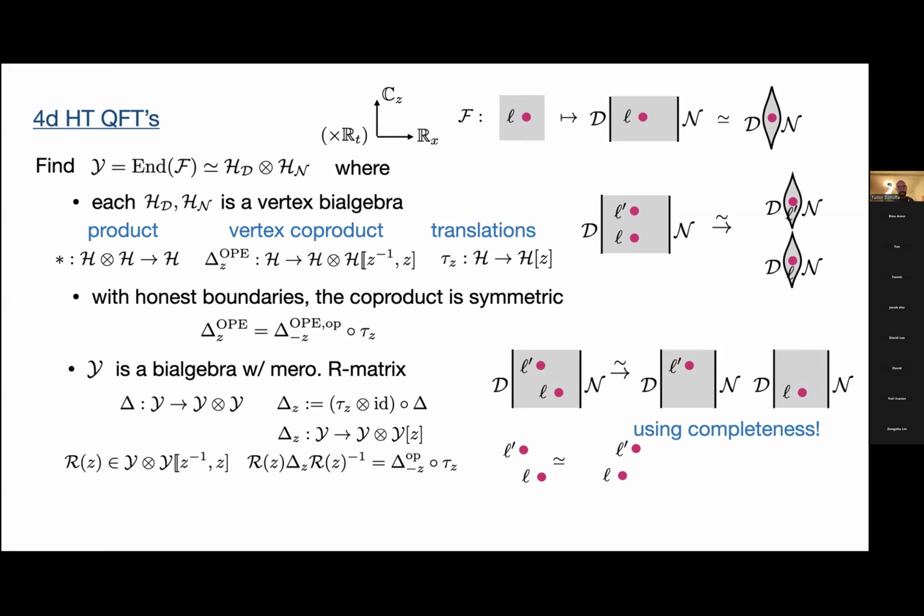In terms of the category, one wants a natural isomorphism, and in terms of the algebra, that's where the meromorphic R matrix comes from. So what you would want in the algebra is an invertible element, possibly singular in Z, that sends the coproduct to its opposite.